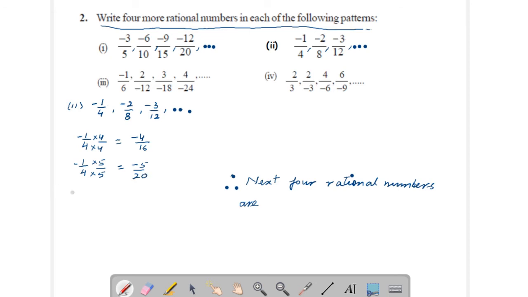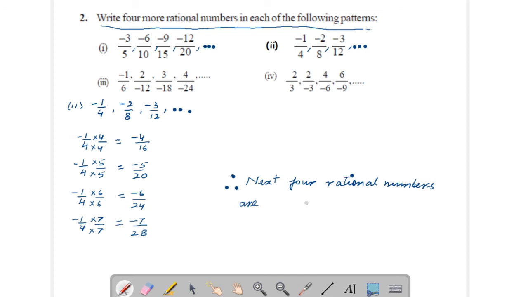Again take first rational number minus 1 upon 4, multiply numerator and denominator by 6, we will get minus 6 upon 24. Again take minus 1 upon 4, multiply numerator and denominator by 7, we will get minus 7 upon 28.